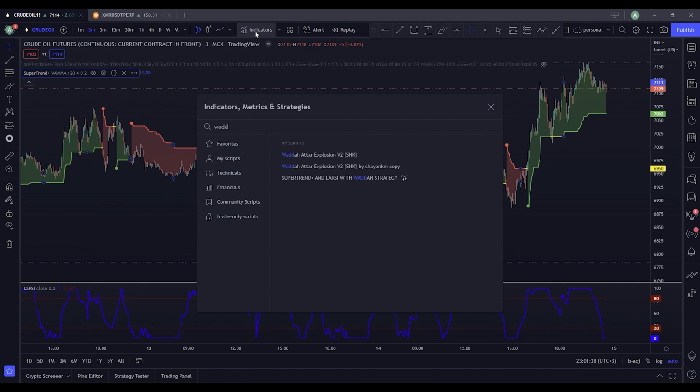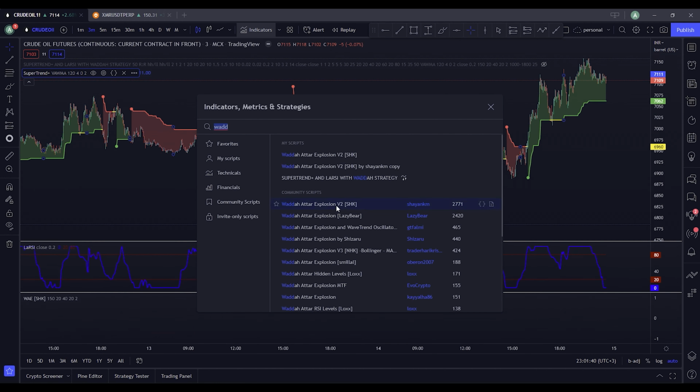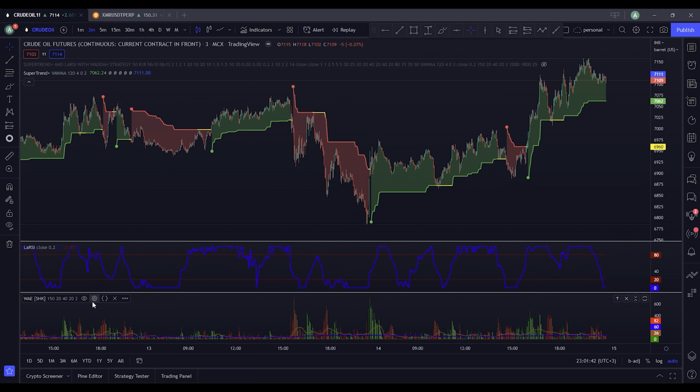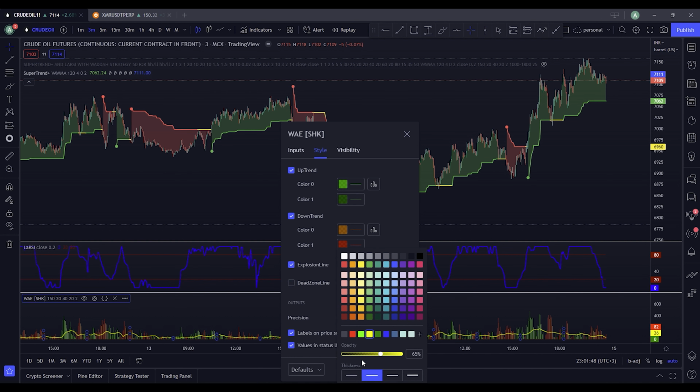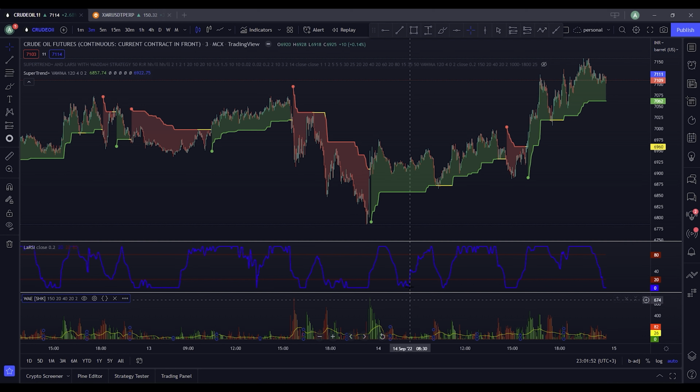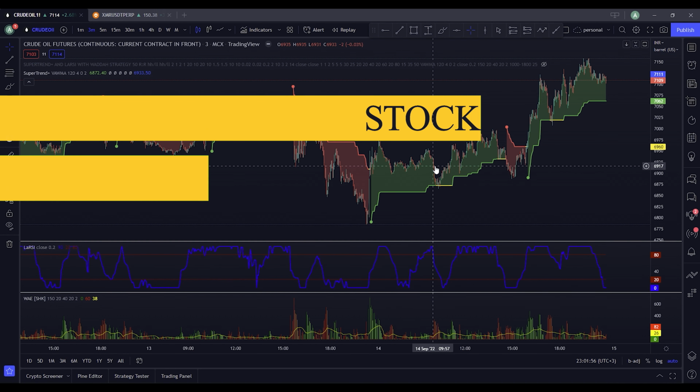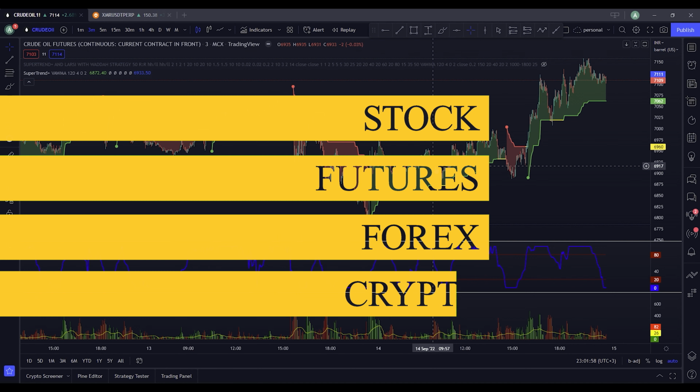Wasser after explosion. This strategy can be used in all type of markets, stocks, futures, forex, and crypto.